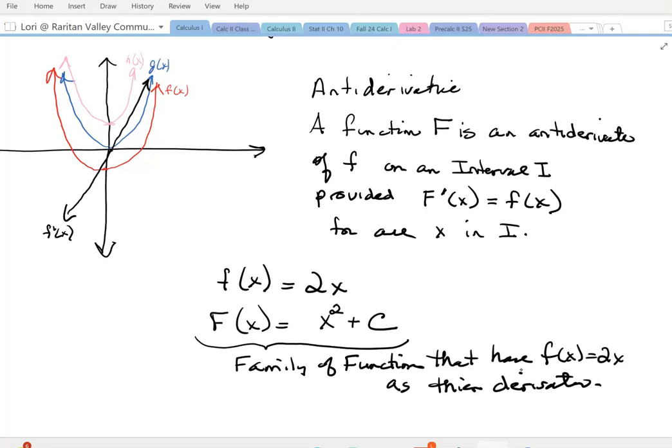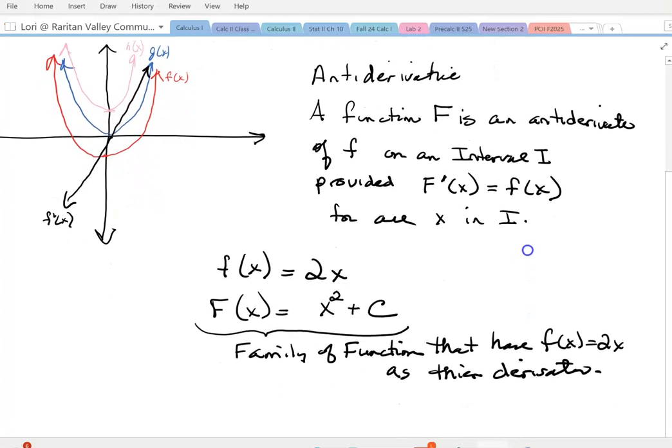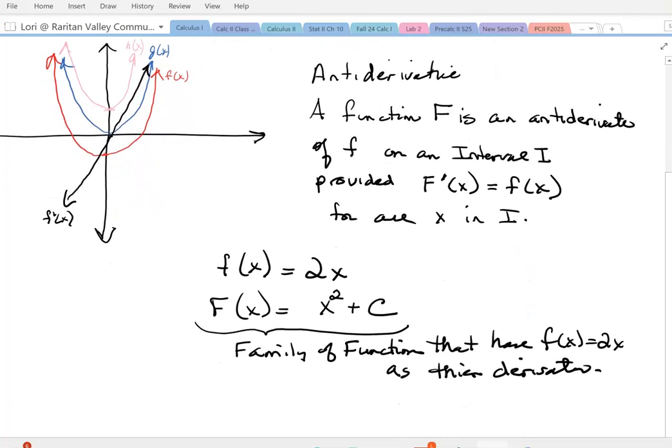And in fact, every possible antiderivative of 2x belongs in that family. We have 3 examples here, but as you can imagine, there are infinitely many x squared plus c functions where c could be any number from negative infinity to infinity that would belong in that family of functions.